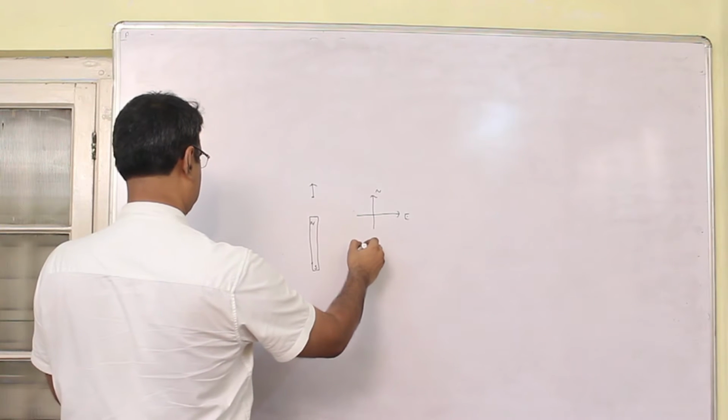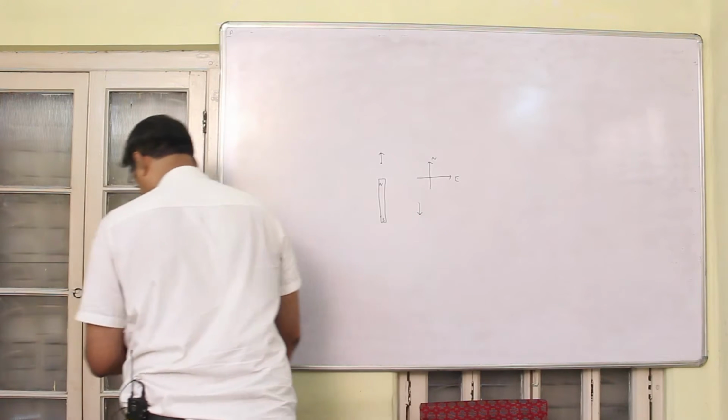Suppose if it is over here, the resultant field will point in this direction.